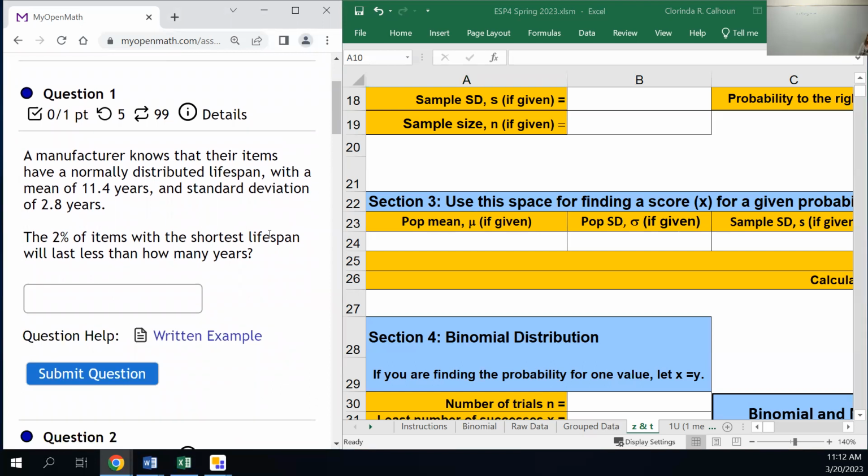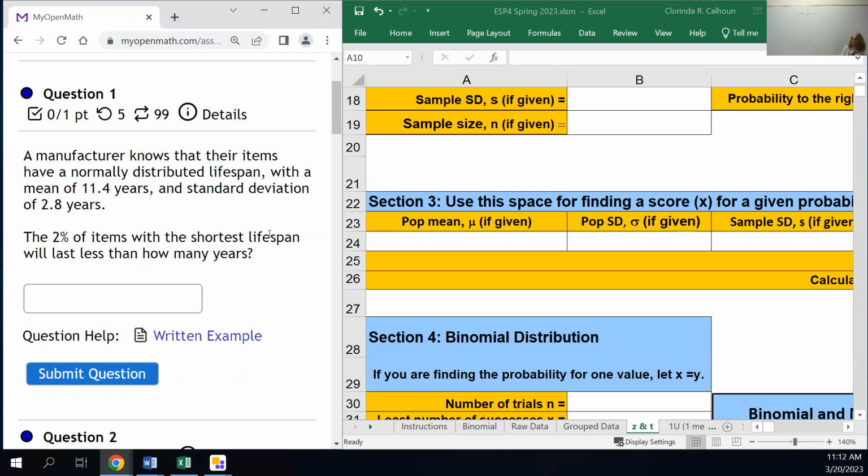A manufacturer knows that their items have a normally distributed lifespan. So that means we can use the Z-score since they are normally distributed. Then they give you the mean and the standard deviation, so that's mu and sigma. Right off of that, you have your years, which is your mean, and then years for standard deviation.